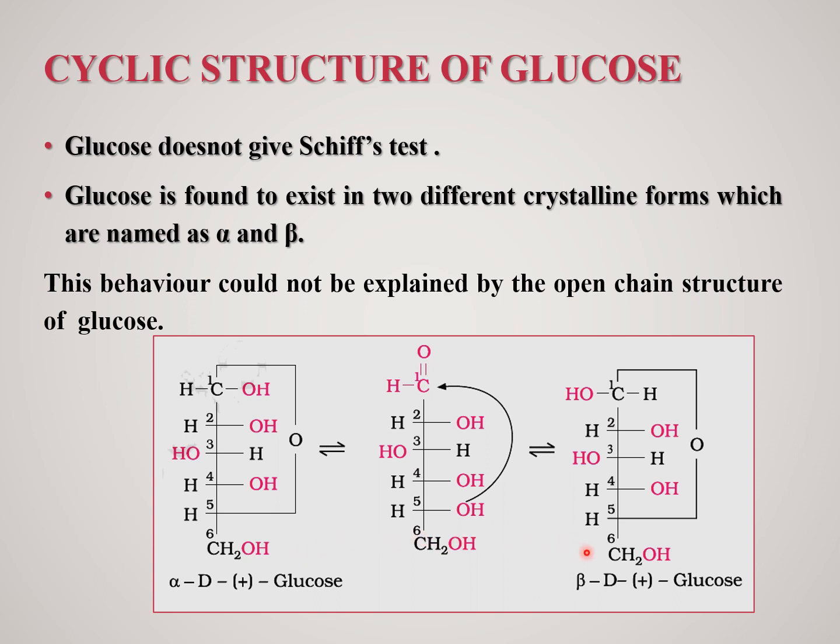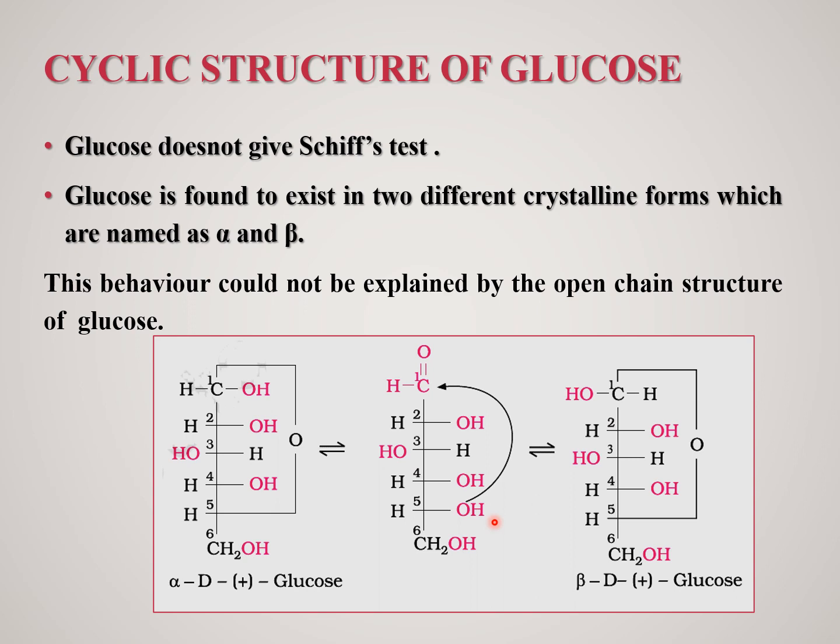So what should be the reaction happening? The aldehyde group, CH double bond O, the oxygen of the aldehyde will take the hydrogen atom of the OH group on the fifth carbon atom.